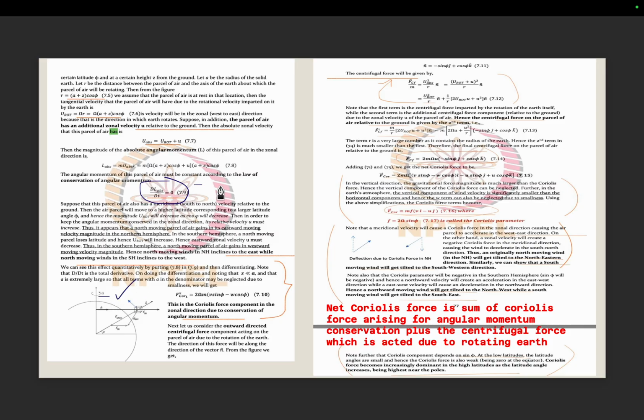So angular momentum conservation gives one component of the Coriolis force, and another component comes from the centrifugal force part, because the air parcel is in a rotating frame. So the net Coriolis force is the sum of the part arising from angular momentum conservation plus the part arising from the centrifugal force term.